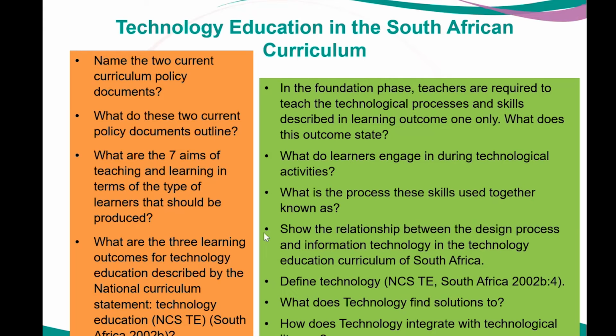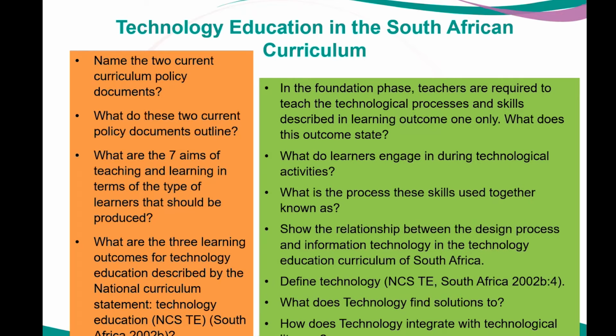What are the 3 learning outcomes for technology education that are described by the National Curriculum Statement, and also in the foundation phase? Ask yourself, teachers are required to teach the technological process skills described in learning outcome 1 only. What does this outcome state? And also you need to understand what learners engage in during technological activities.